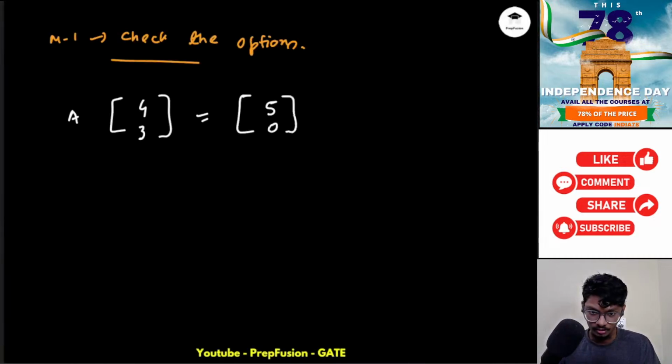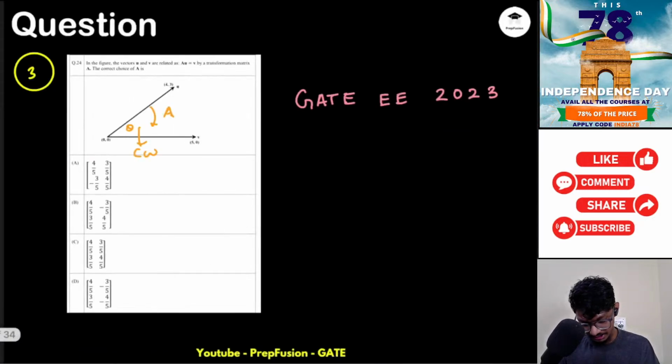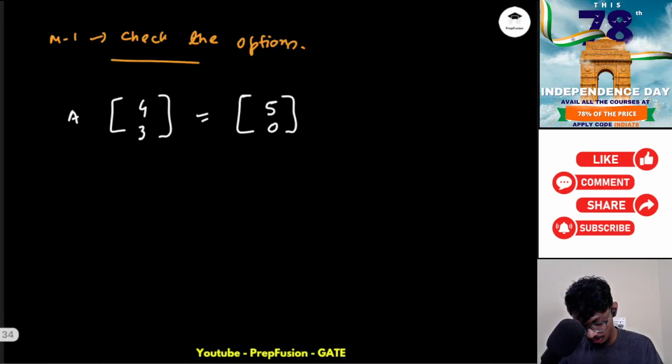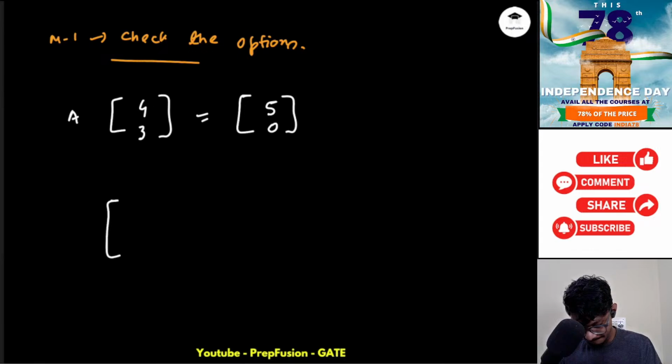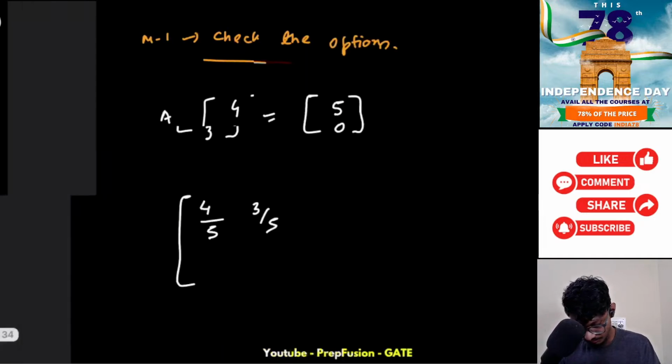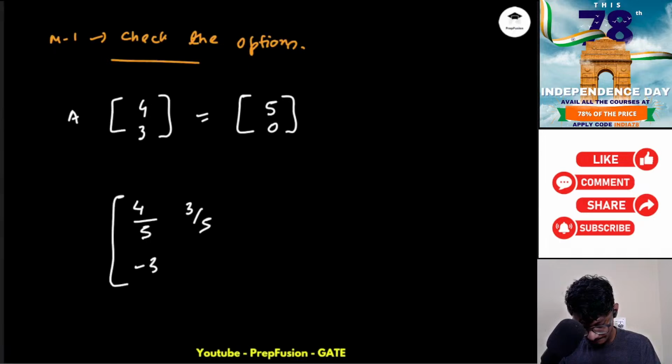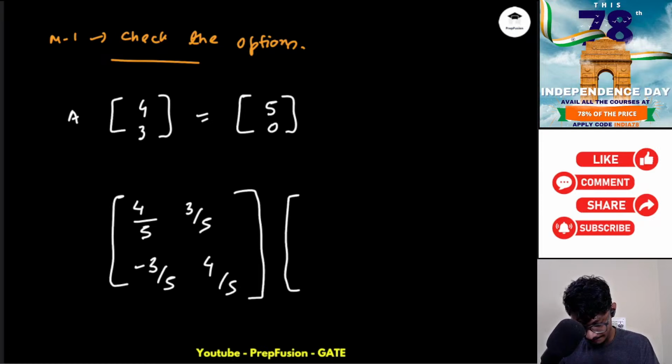Method one is to check the options. If you check all the options, you will see that option A comes out as the correct answer. All the other options won't be valid. I will show you with an example. This will be the matrix 4 by 5, 3 by 5, minus 3 by 5, 4 by 5, and I'm multiplying this with 4, 3.